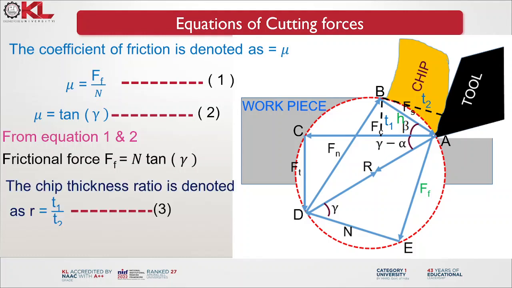The chip thickness ratio is denoted as R, equal to T1 by T2, the uncut chip thickness to the cut chip thickness. And the angle BAD is marked as theta, which is equal to the shear angle beta plus gamma minus alpha.